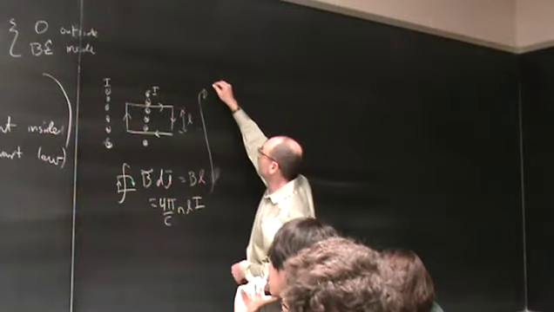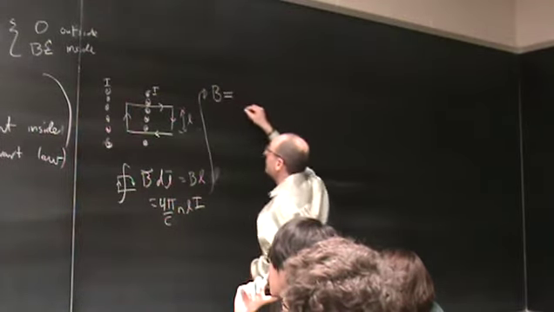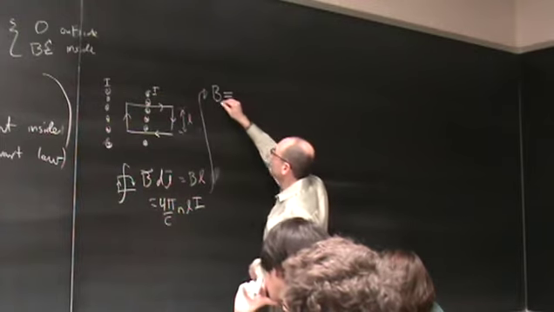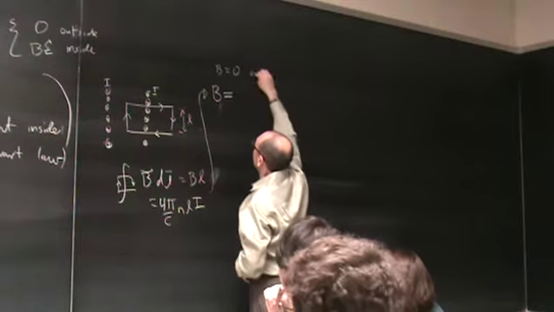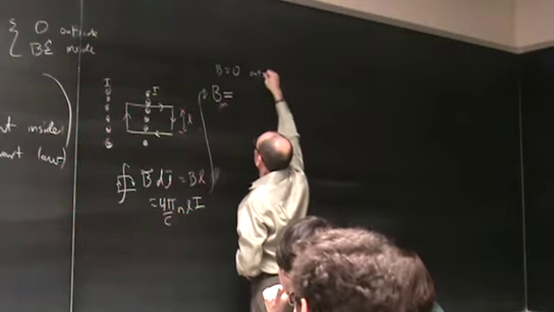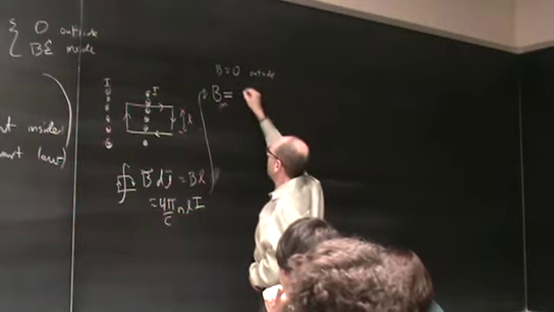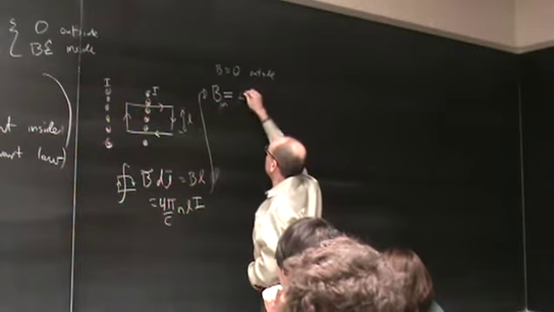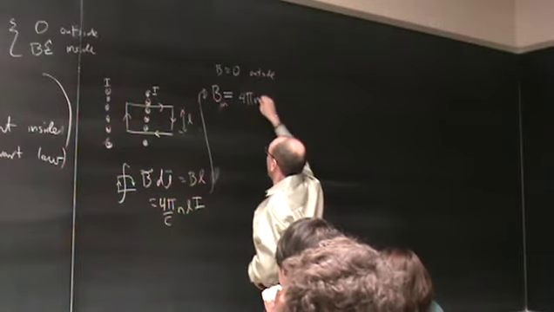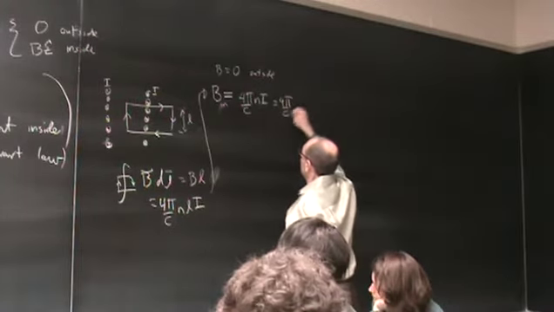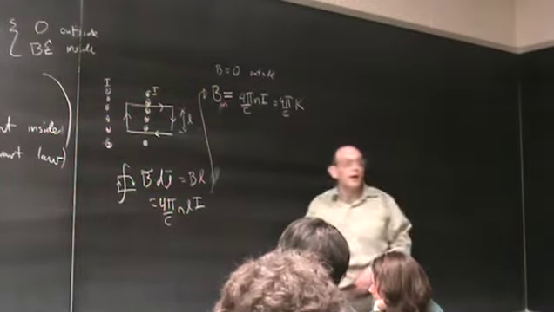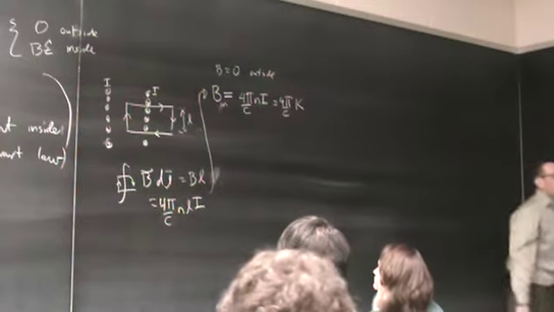And so what we get for a solenoid is that the magnetic field B is 0 outside, and inside it's 4 pi nI over c, or 4 pi over c times the surface current K flowing around.